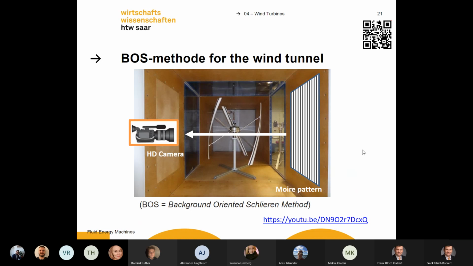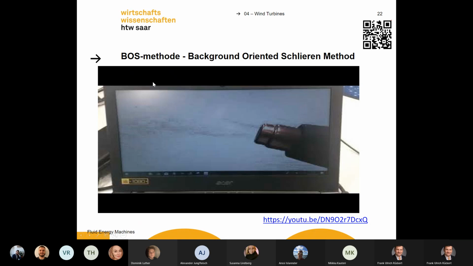You don't see anything. And we built a method, the so-called background-oriented Schlieren method, and it depends on a software filter of a camera. With this filter, we try to visualize the turbulence behind the windmill. Here again I don't want to click on it because you can click on it on your own afterwards. Here you see some hot air coming out of this nozzle, and we made this software filter.